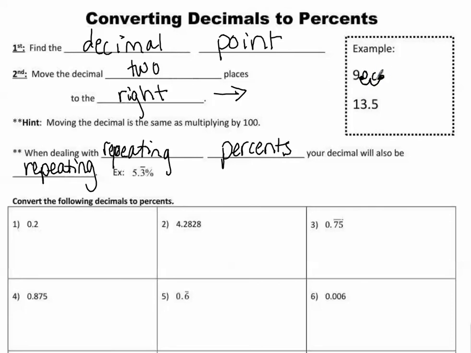Fill in any empty loops with zeros. 9 is equal to 900%. 13 5/10 is equal to 1,350%.